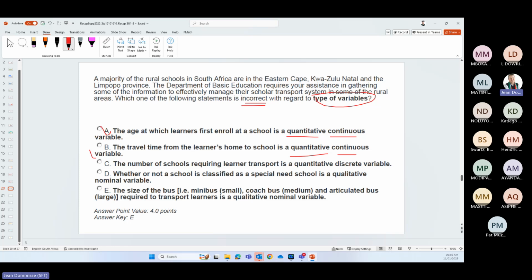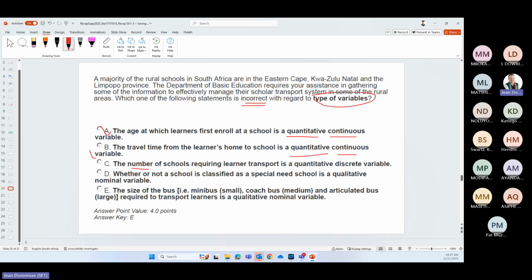It's different again if it was said how many hours and you only have 1, 2, 3, 4, 5 hours, then it is discrete, but otherwise, they did not say to us it is in hours. So something different if they have said the number of kilometers or the number of something.